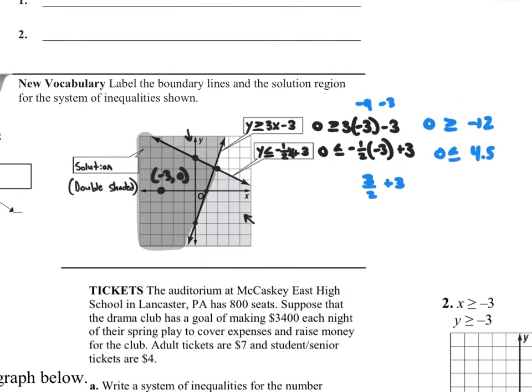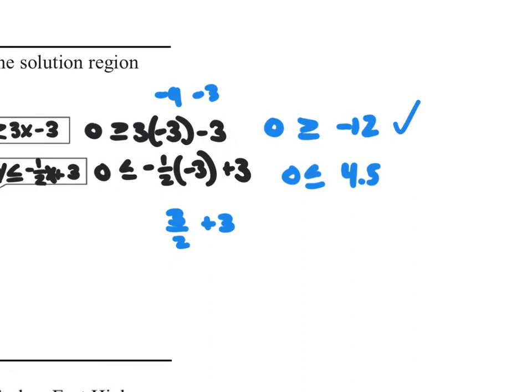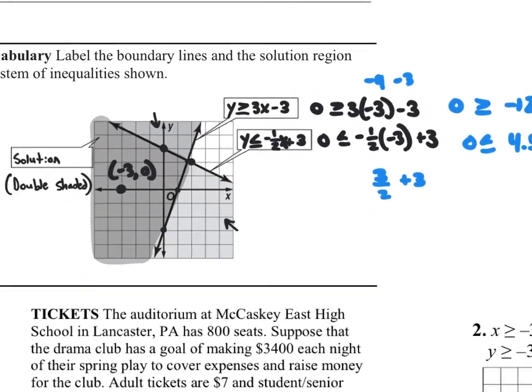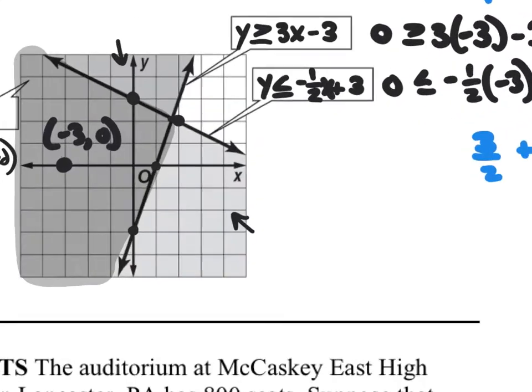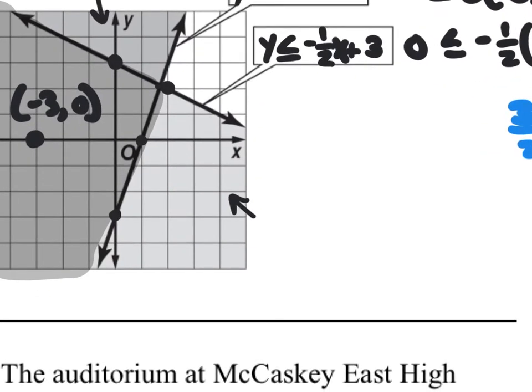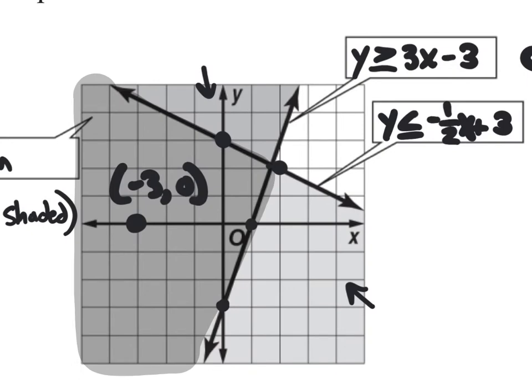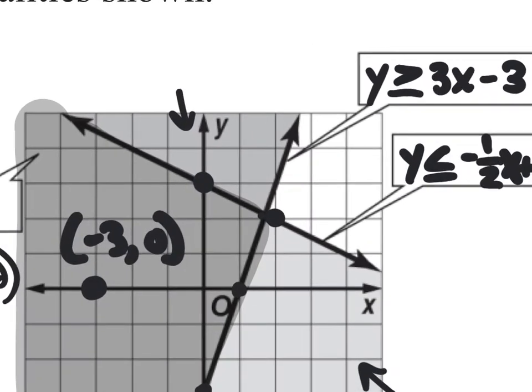So if I pick any coordinate point out of the double shaded region, it's going to make both inequalities true at the same time. And that's the only region that would do that. If I pick one from the single shaded region, it would make one of the equations work. If I pick a point from this other shaded region, it would make the other equation work. But if I pick a point from the non-shaded region, it wouldn't work for either one of the inequalities.